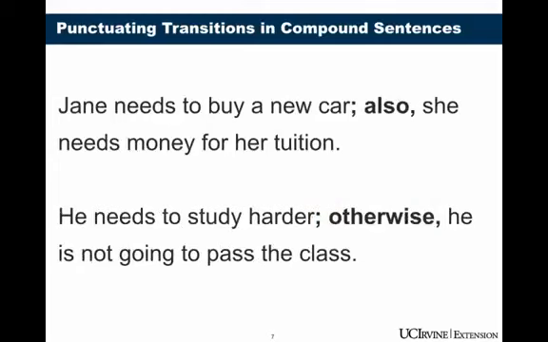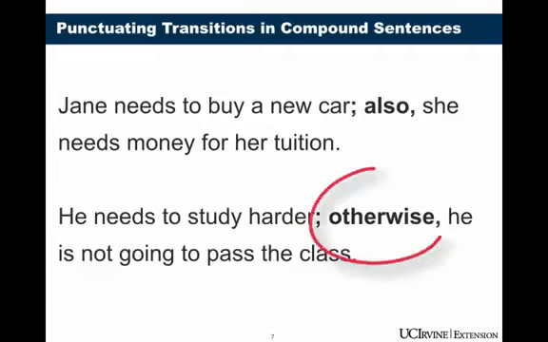Jane needs to buy a new car; also, she needs money for her tuition. Also is another transition word, and it's joining two sentences, so we put a semicolon in front of it and a comma after it. Look at the next one. He needs to study harder; otherwise, he is not going to pass the class.